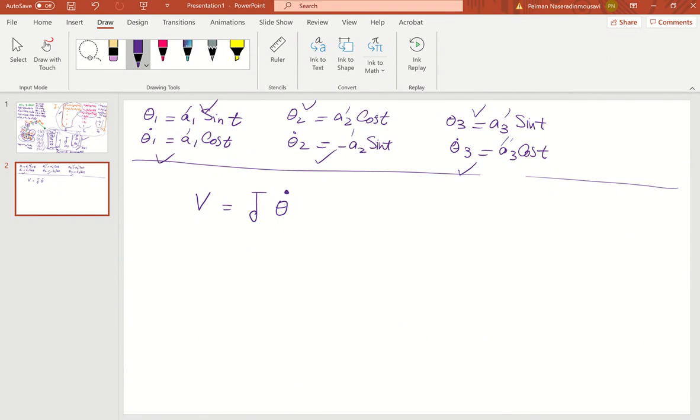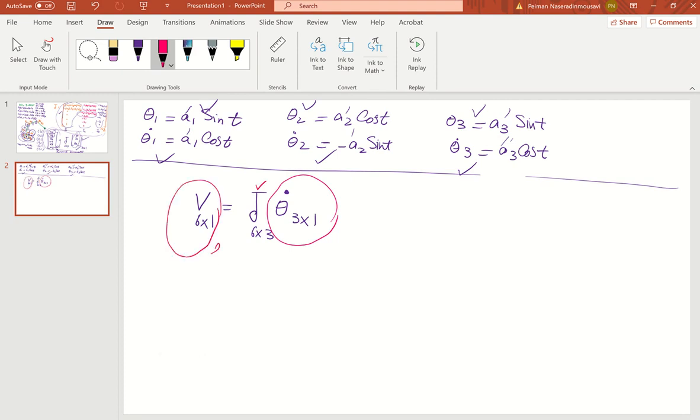Here was 6 by 3, here was 3 by 1, and here's 6 by 1. So in this case, I provided these vectors of the joint angular velocities. You multiplied by the Jacobian and gave you the velocity vector.